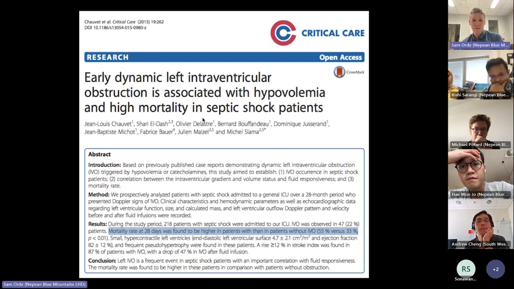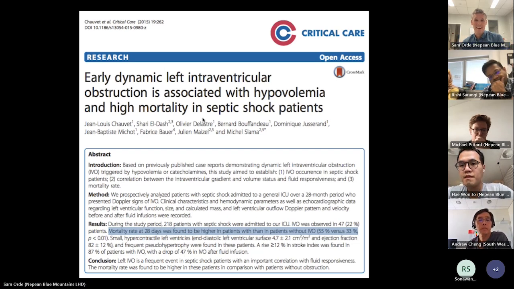But the idea being that if you had this interventricular gradient, it's sort of linking it in with the volume status. And if you saw that it was associated with far worse outcomes, which I find really interesting. So the mortality rate at 28 days was higher in those patients who had the interventricular obstruction versus those without. And that was on echoes, on echoes when they had septic shock.